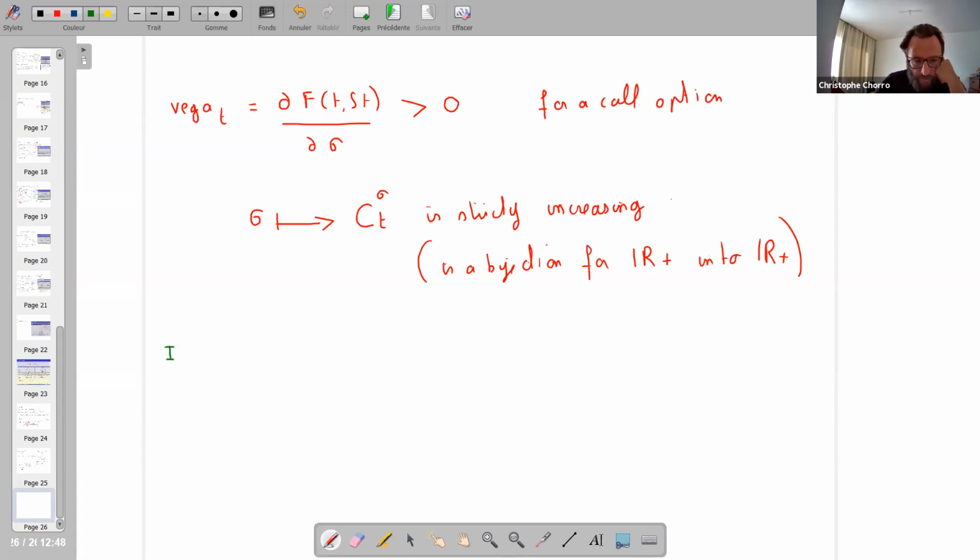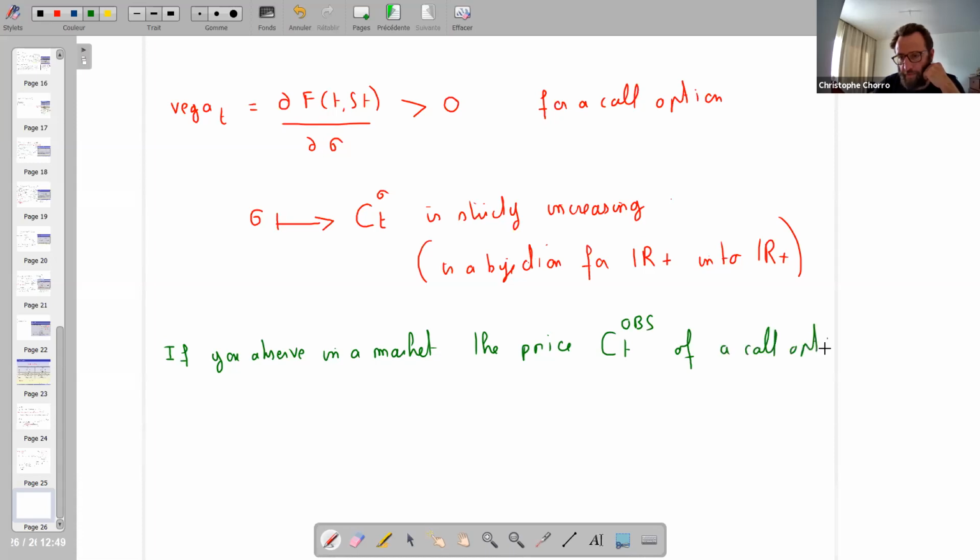If you observe in a market the price, let's write it this way, C_t^obs of a call option, you can find sigma solving, for example, C_t(sigma) equal to C_t^obs.